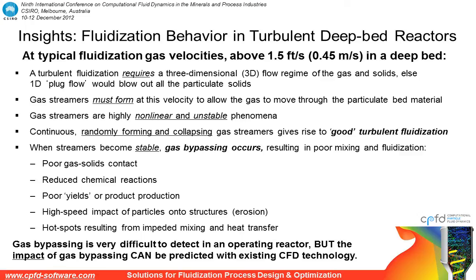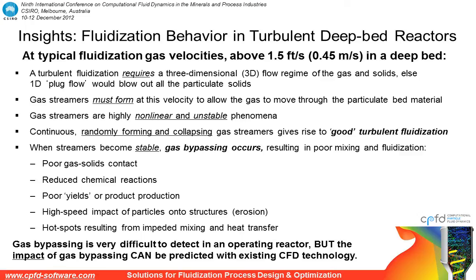This results in poor gas-solid contact, reduced chemical reactions, poor yields, also high-speed impacts of particles onto structures, causing erosion, or hot spots or cold spots from the impeded mixing and heat transfer as a result of the poor fluidization in areas away from the gas streamers.